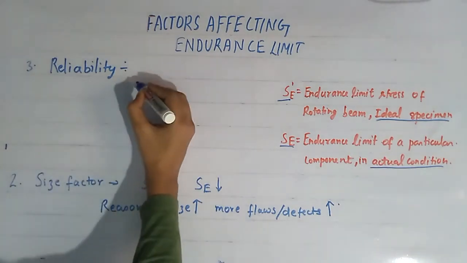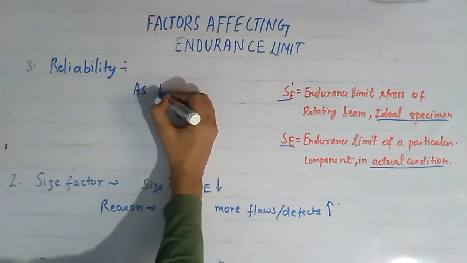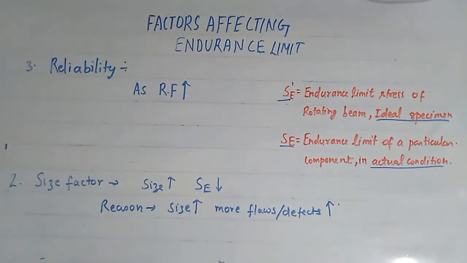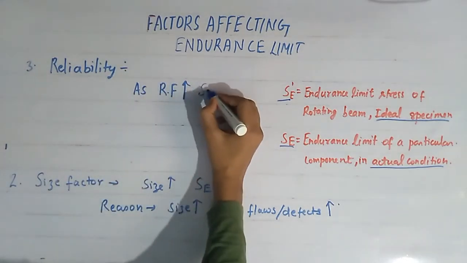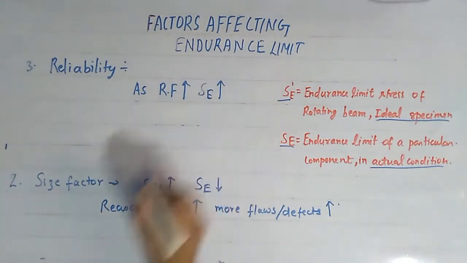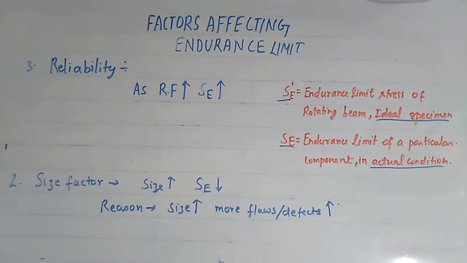As the reliability factor increases, then the endurance limit Se will also increase. It is so obvious that when the reliability factor increases, the endurance limit of the component will increase. The more reliable the component, the more is the endurance limit.